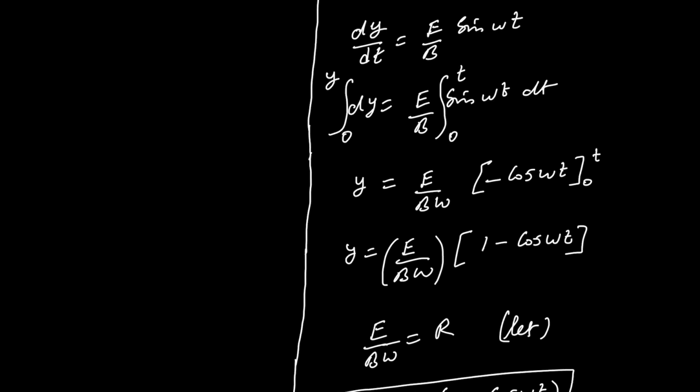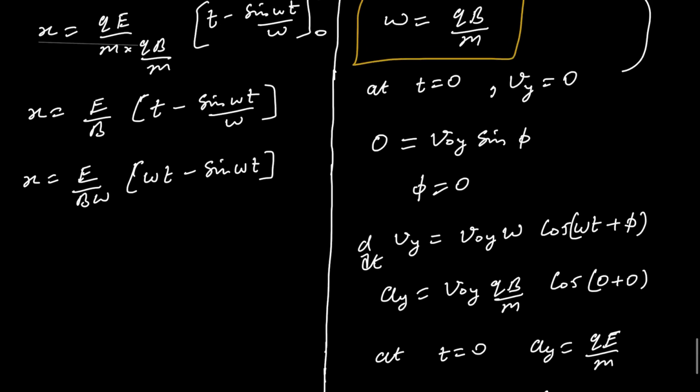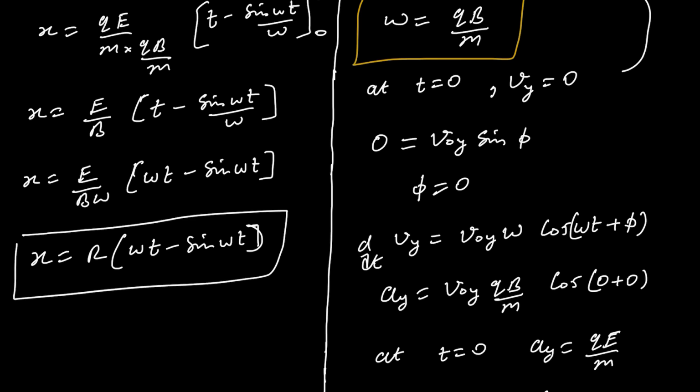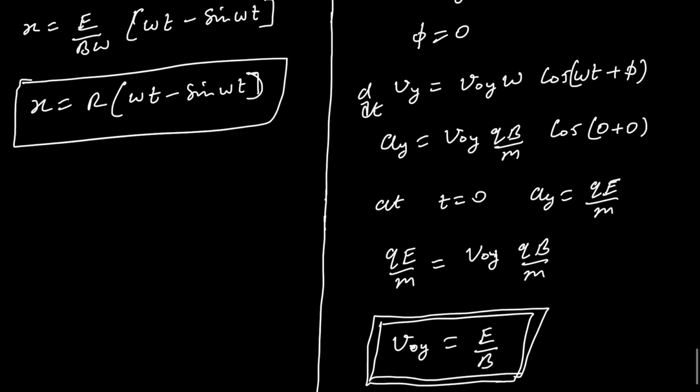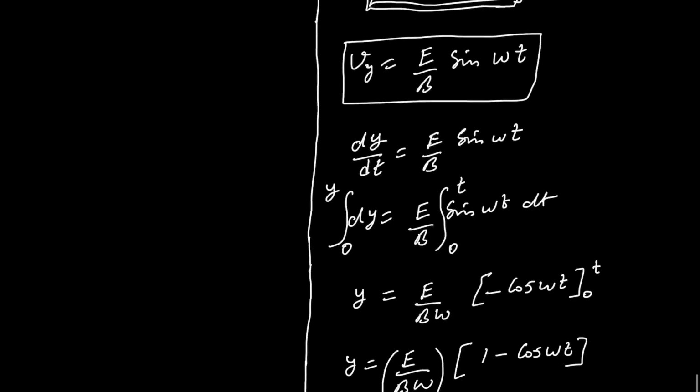So here also I will put this R. So x is R into (omega t minus sine omega t). So finally we have arrived at our x coordinate and y coordinate.